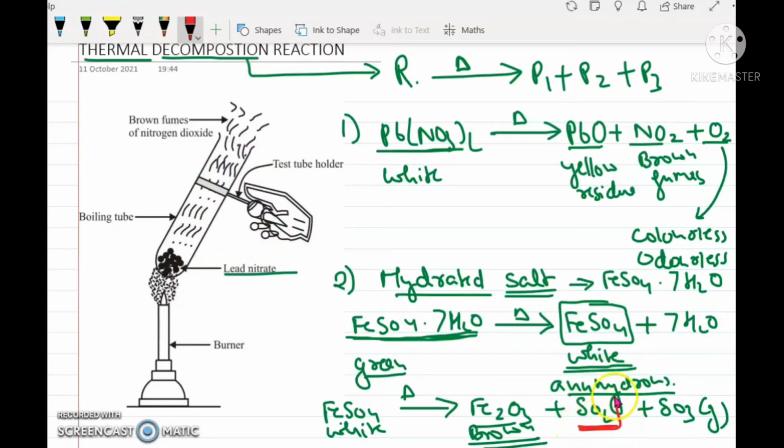The other very important point which you should always keep in mind is the presence of SO2 gas over here. The SO2 gas is a very peculiar sulfur smelling gas. So it smells like the burning of sulfur.